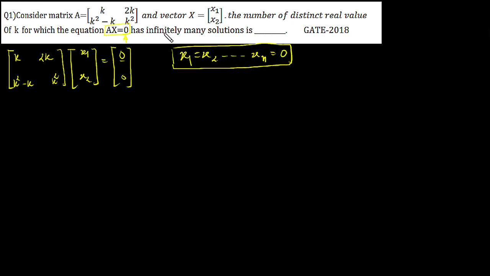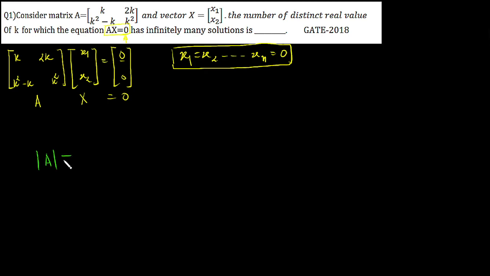Now they are asking about infinitely many solutions. For any system of linear equations we have a concept about the determinant of the coefficient matrix. Let's call this matrix A, this is x and this is 0. Let's find the determinant of this matrix A. The determinant has two possibilities, either 0 or non-zero.